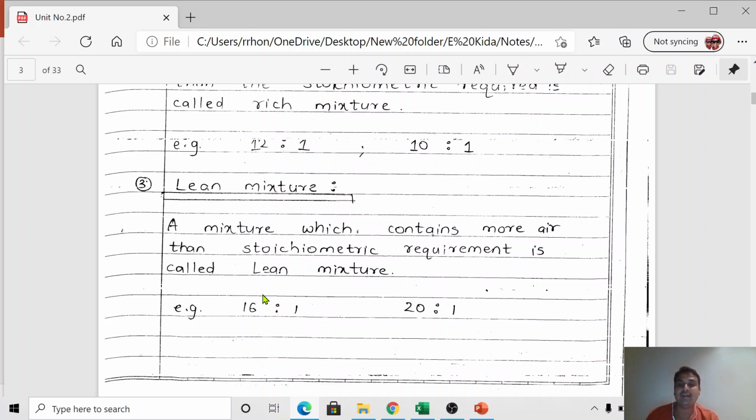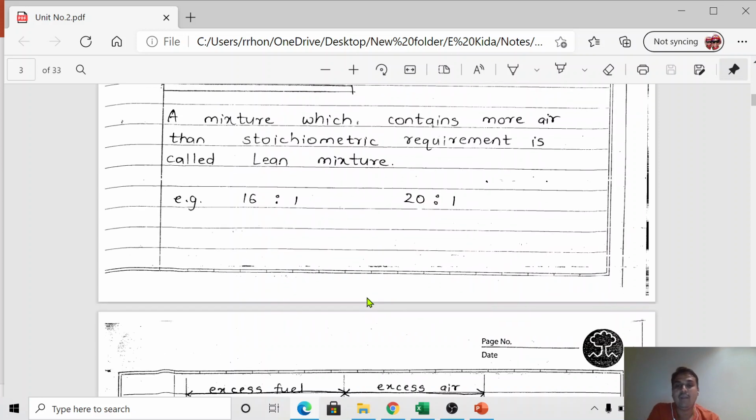And my dear friends, your vehicle engine always gives better efficiency when we ride the motorcycle, the two-wheeler, with a lean mixture, because atmospheric air is freely available and through the lean mixture we are sending more air inside the engine cylinder.